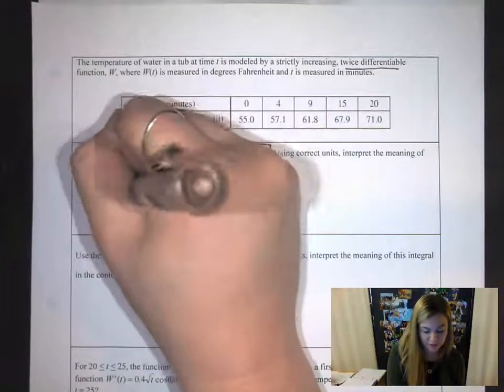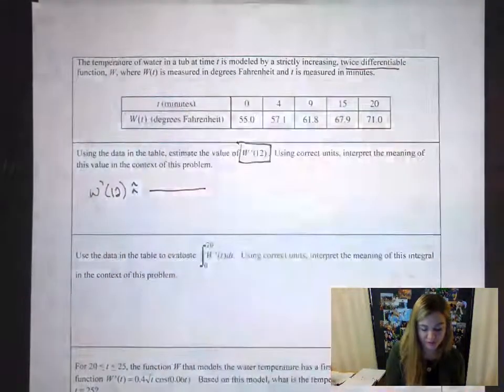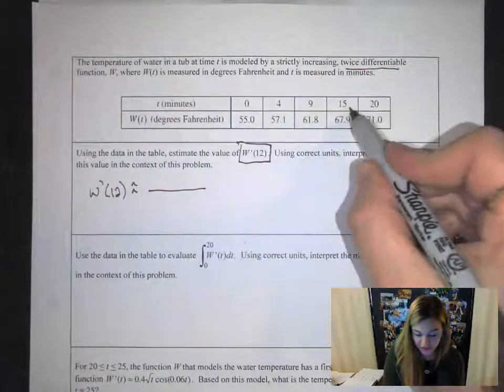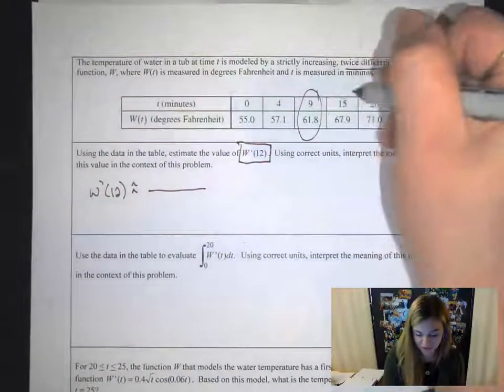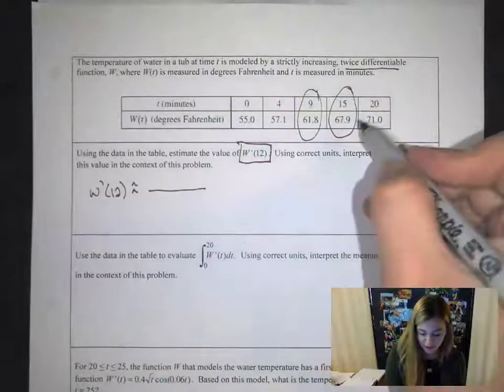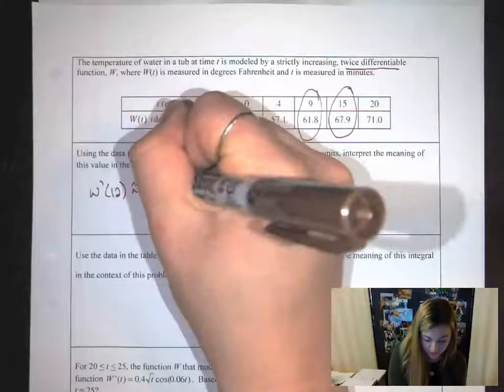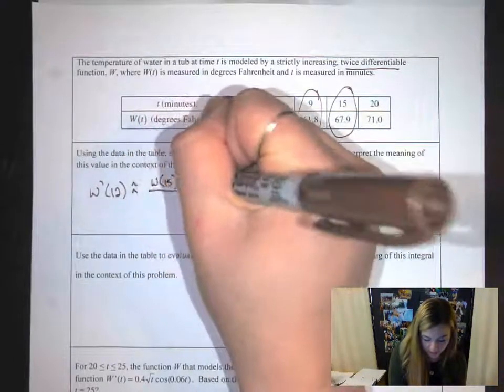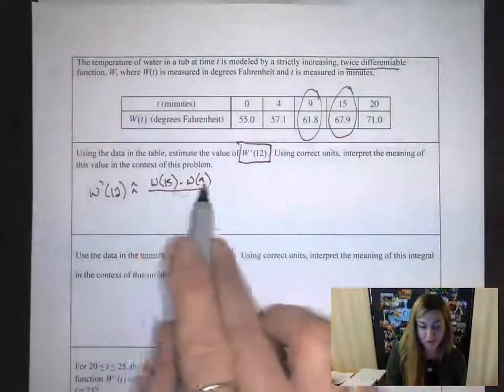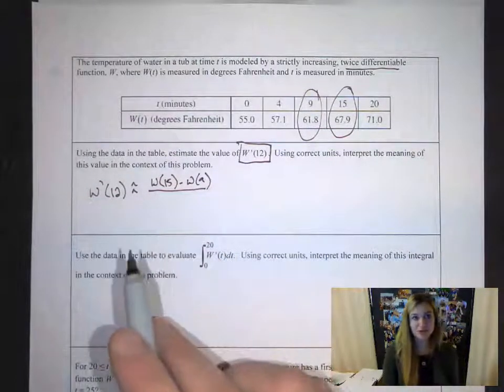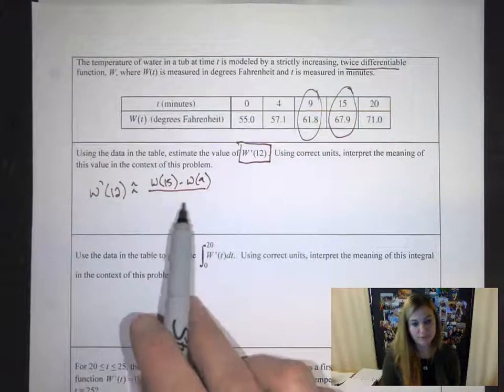So W prime of 12 is approximately, I'm going to go between 9 and 15. So I'm going to pick a value here and here. And I'm going to say y2 minus y1, or in this case, W of 15 minus W of 9. It's really important to write this because whenever you're justifying, if you mess something up, it's good to have this part.